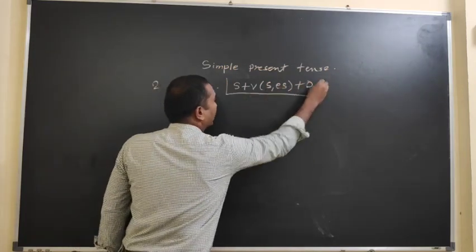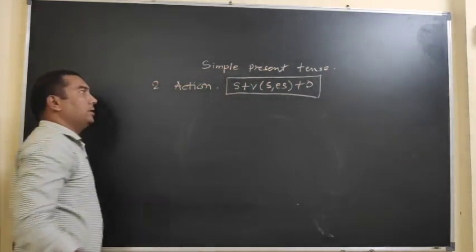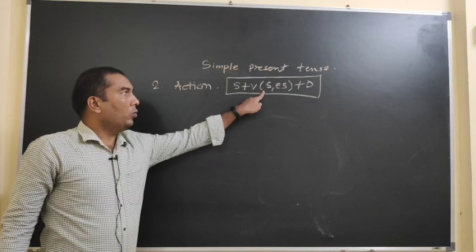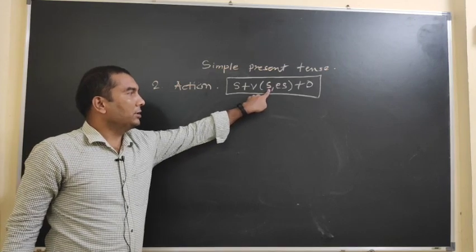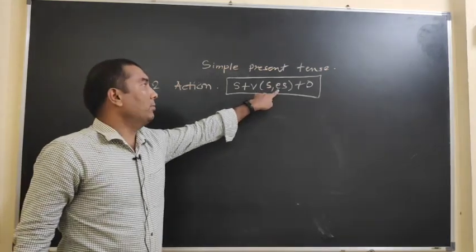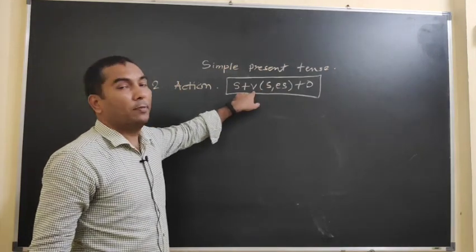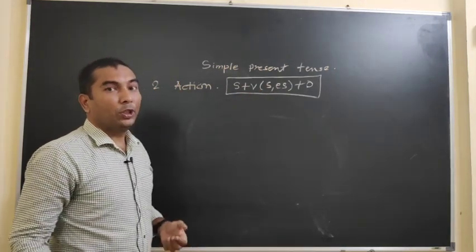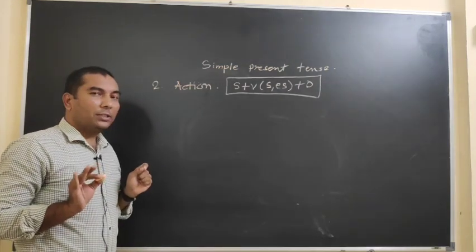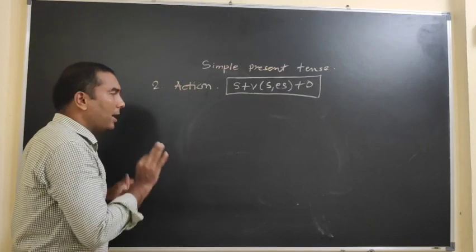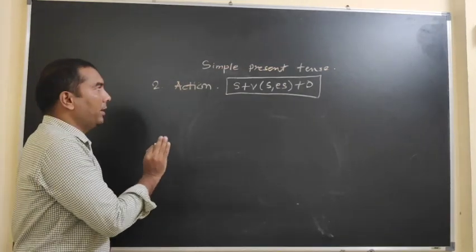Now look here, this is a formula. With the verb we are using sometimes s as a suffix and sometimes es as a suffix, or sometimes only the verb's first form can be used.